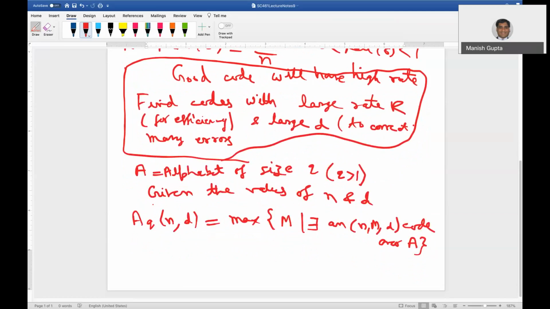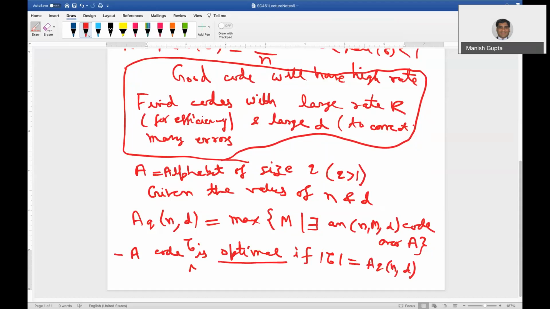So this is a very important function, and the value of this function is known in many cases. We can say that a code C is optimal if the cardinality of C is A_q(n,d), the maximum possible. Then it is optimal. This is a very, very important and fundamental parameter.